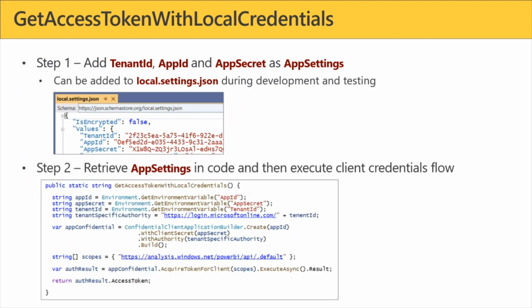But if we look at this code, what we're going to do is use the Microsoft Authentication Library technique for doing client credential flow, which means getting an app-only access token. So we use the confidential client app builder.